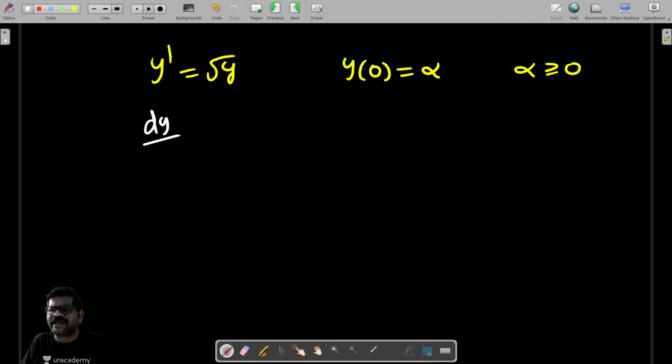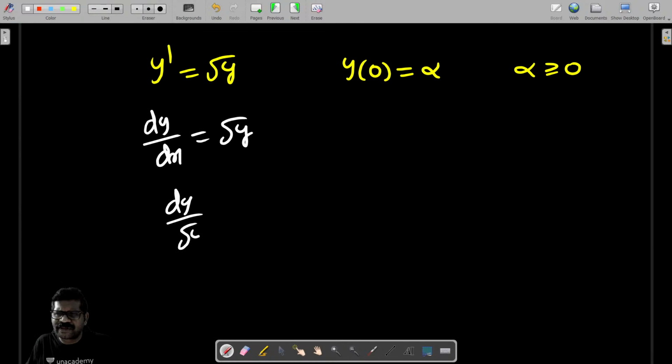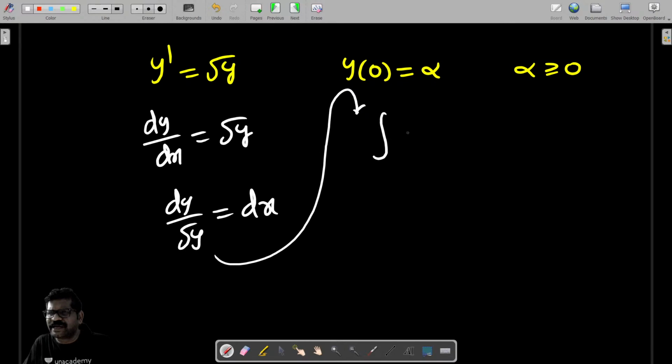dy by dx equal to root y. From this you can write dy by root y equal to dx. Take integration on both sides. Integral 1 by y power 1 by 2 dy is integral dx.